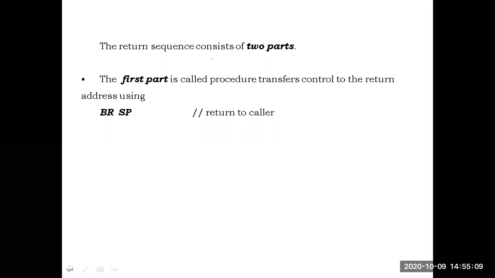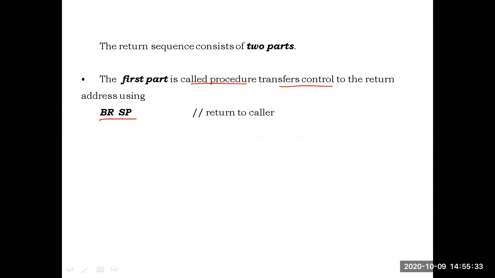Clear? Then at the calling function, after the called function is over, the return sequence also contains two parts. After the called procedure is over, the flow of control will transfer to the calling function.